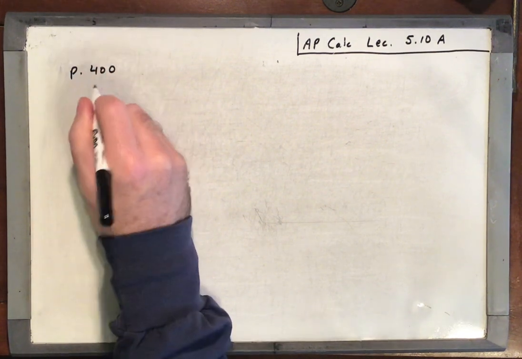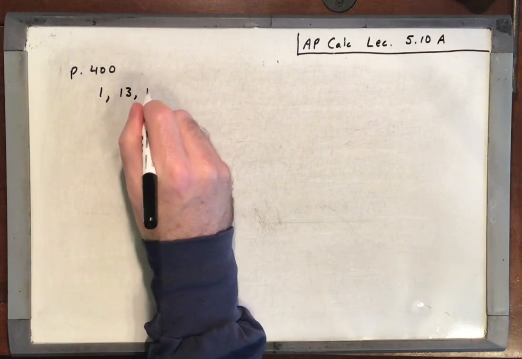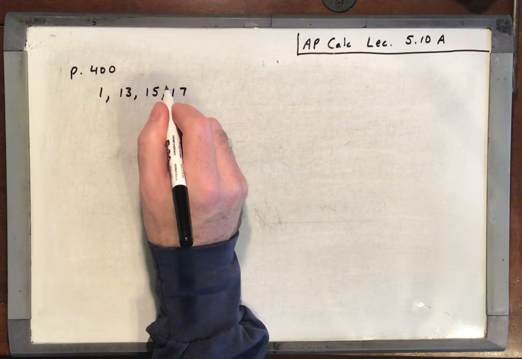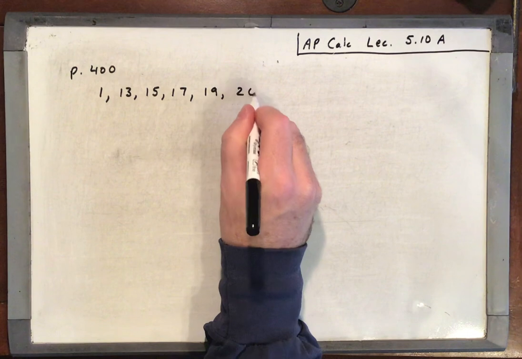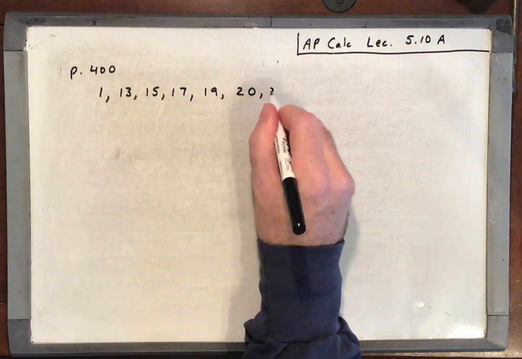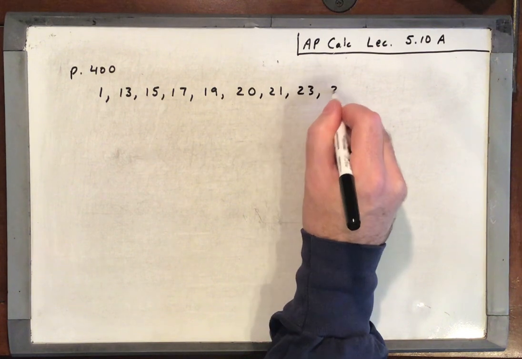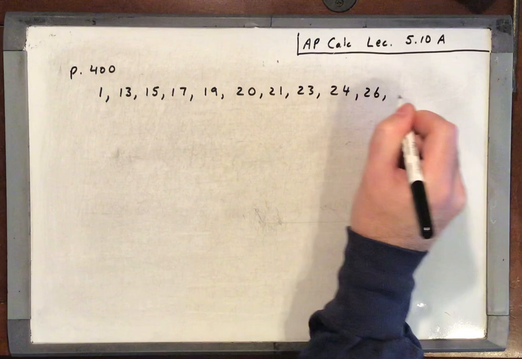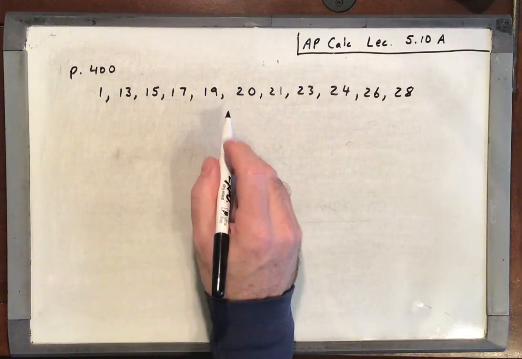You got to do 1, 13, 15, 17, 19, 20, 21, 23, 24, 26, and 28. Now, on some of these, the answer in the back of the book is fine.